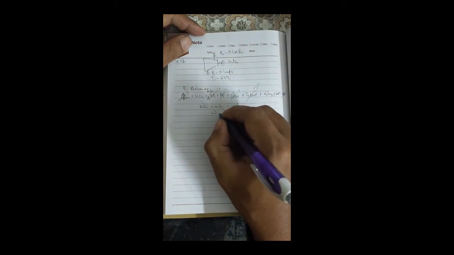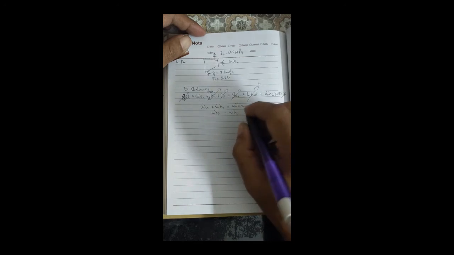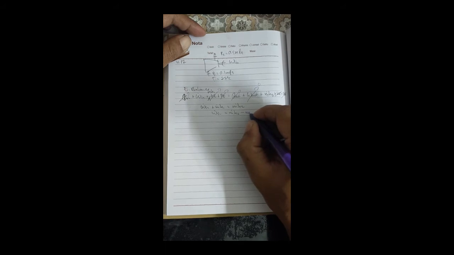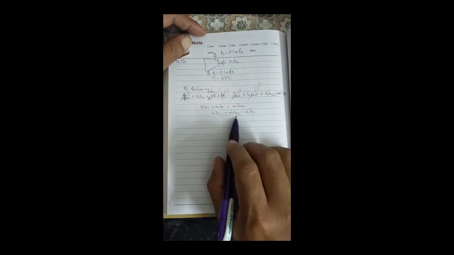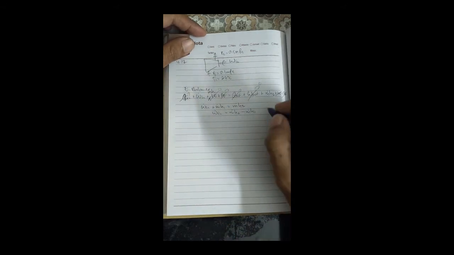Rearranging, the work in is equal to m dot h2 minus m dot h1. Here we can rearrange again, and we are dealing with air.